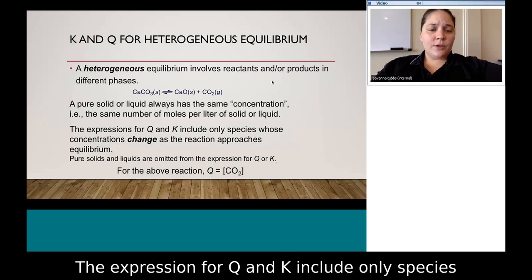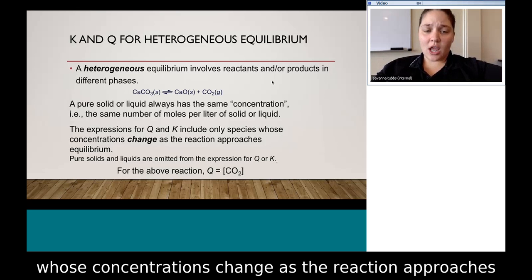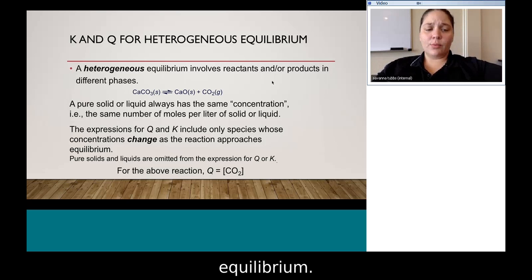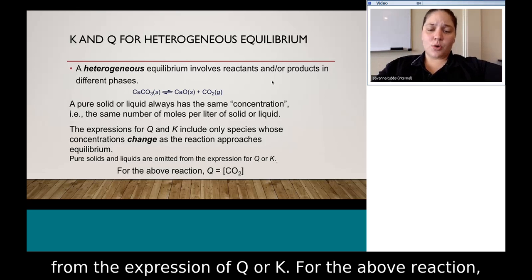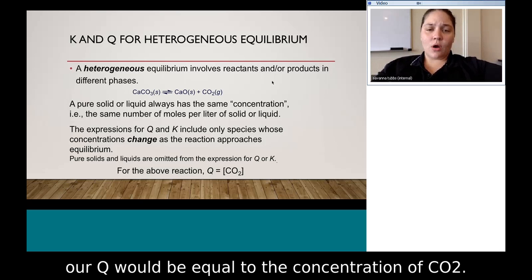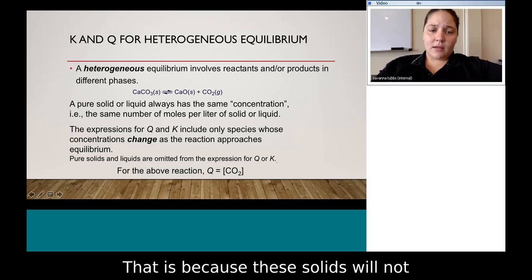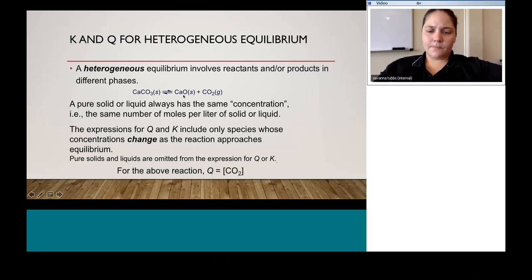The expressions for Q and K include only species whose concentrations change as the reaction approaches equilibrium. Pure solids and liquids are omitted from the expression of Q or K. For the above reaction, our Q would be equal to the concentration of CO2. That is because these solids will not get taken into account.